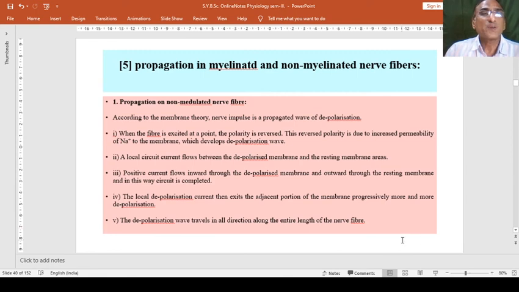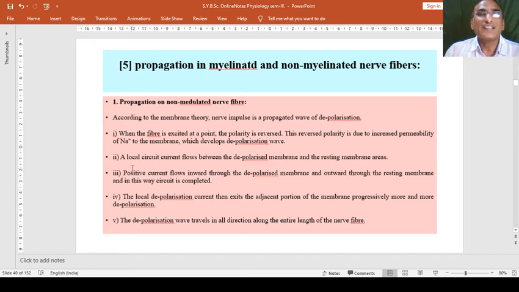Now the next topic, or fifth topic, is propagation in myelinated and non-myelinated nerve fibers. We have already studied the myelinated and non-myelinated nerve fibers, one having a myelin sheath and another having no myelin sheath.